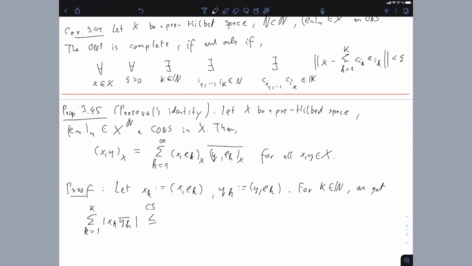We apply this and get the product of the squared coefficients of x, and from this the square root, and the same for y, yk of course.